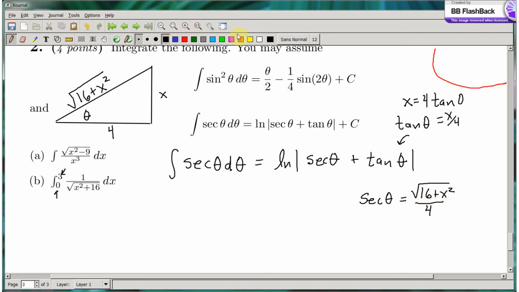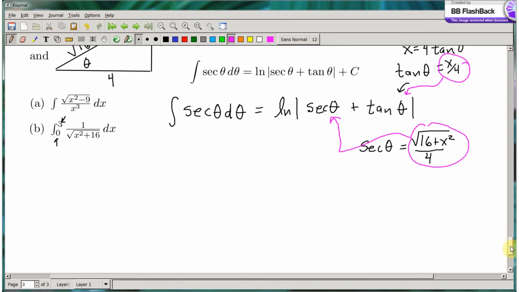Okay, all right. So now I'm trying to get back to x, and I'm going to be all right because I can put x over 4 in for that tangent theta thing, and I can put this stuff in terms of x in for this theta, and then I'll be back to x. So let me do that.